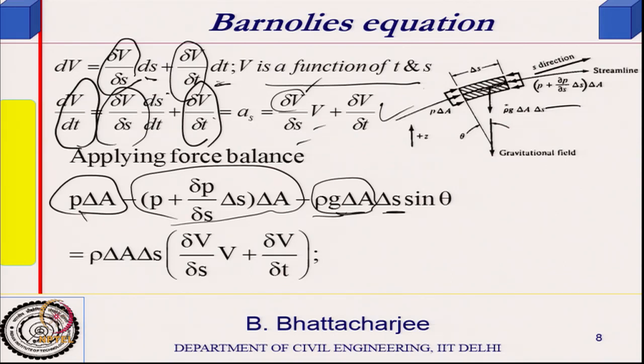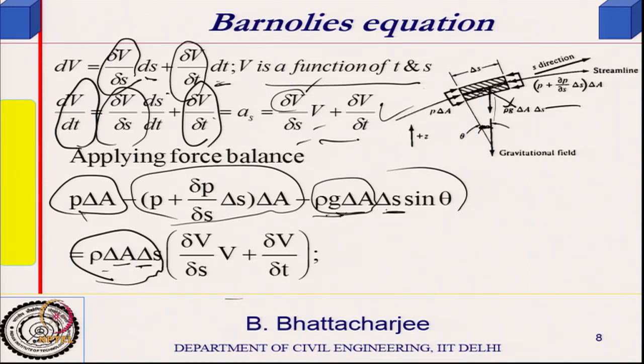It will have one component there, one component there. If this is theta, ds sin theta will be this distance. So, I am multiplying rho g dA ds sin theta, that is the force that is acting, that must equal the mass rho delta A delta S into acceleration. That is all causing the flow.